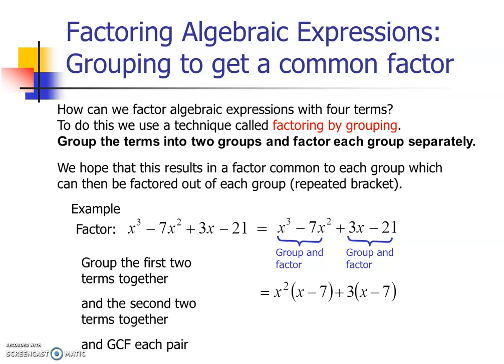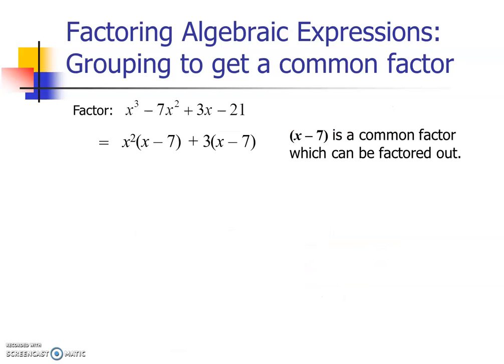In the second pair, you have a common factor of 3. Notice, by the way, the plus sign that gets carried down underneath, because that's going to be important when we put the pieces together at the end. Notice we have a common bracket. This tells you you're on the right track.